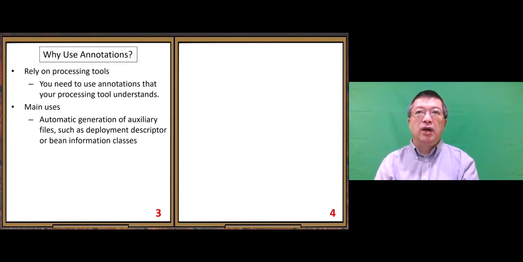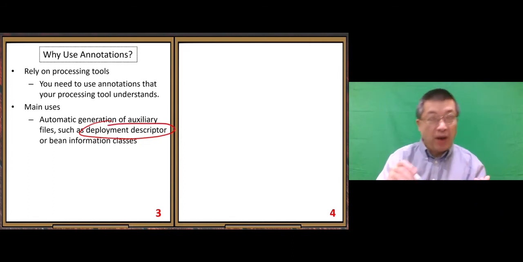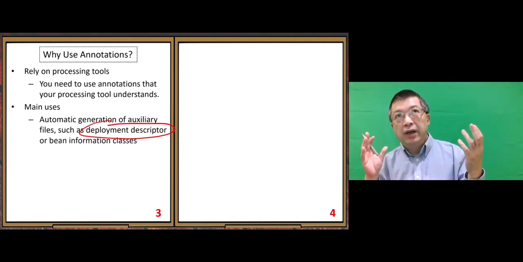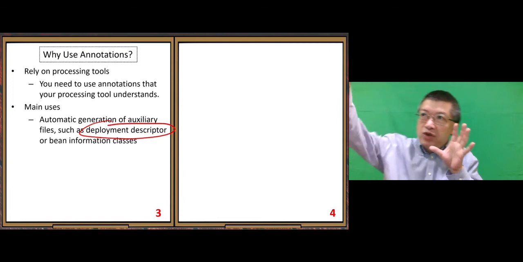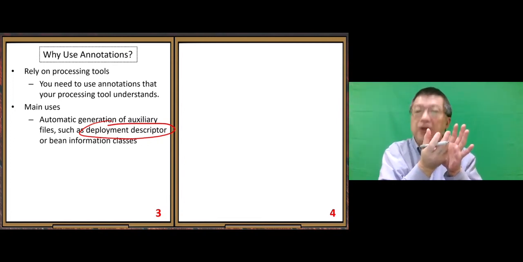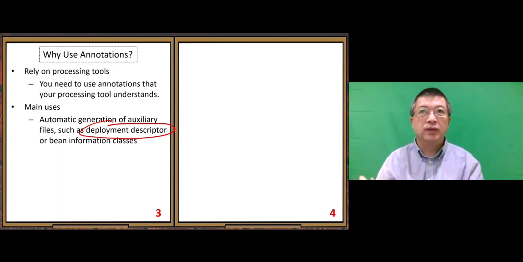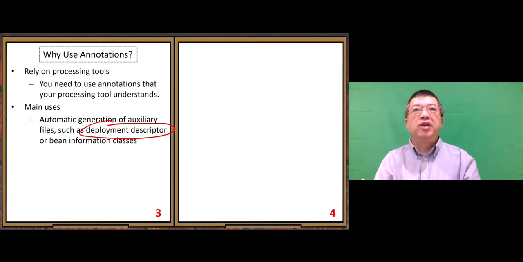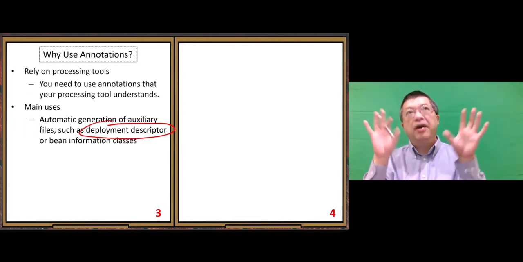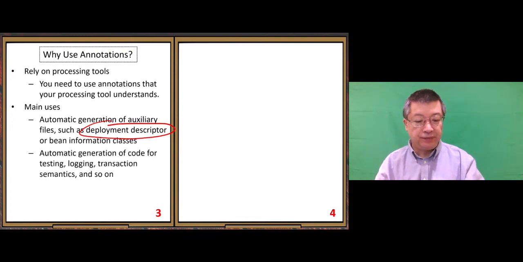Such as deployment descriptor, web.xml. Some extra information will be added to the web.xml, but in a hidden way. We cannot see those added information. Or bean information classes, and other types of configurations.